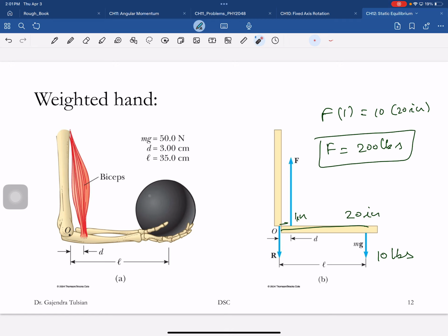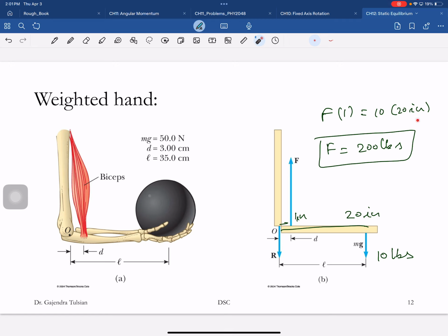So in static equilibrium, this is a clockwise torque, which is this force times the moment arm. We're calculating the torque about this point. This is a clockwise torque, this provides the counterclockwise torque. And that torque is that force times that moment arm. That was 1 inch. This was 20 inches.